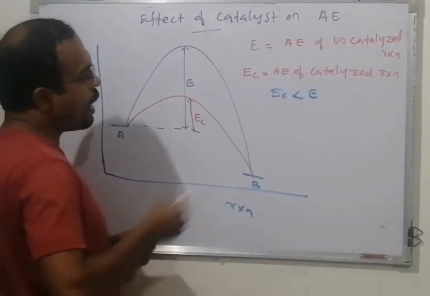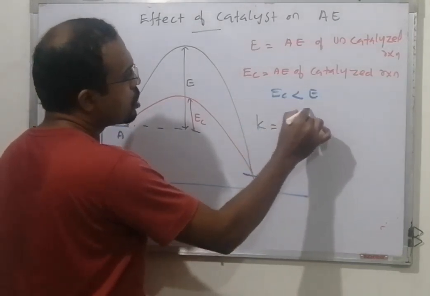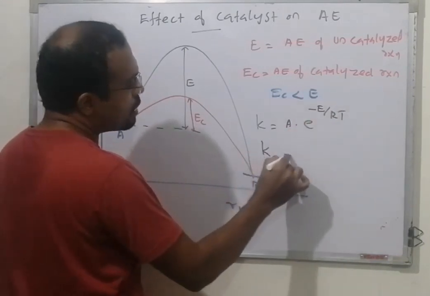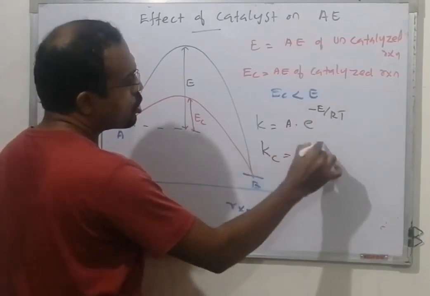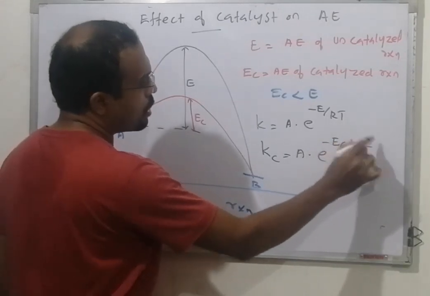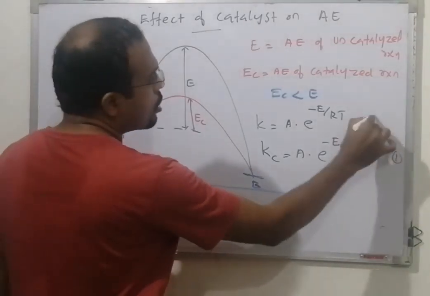Now, suppose the rate constant K is A into e raised to minus E by RT. The rate constant of the catalyzed reaction is equal to A into e raised to minus EC by RT. Equation number 1, equation number 2.